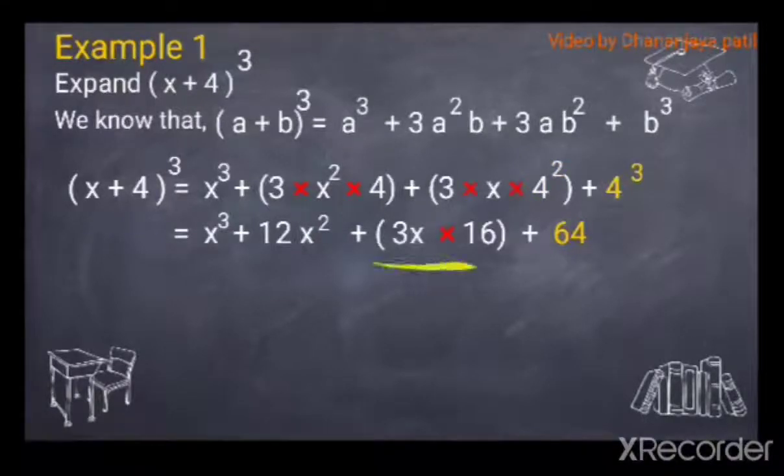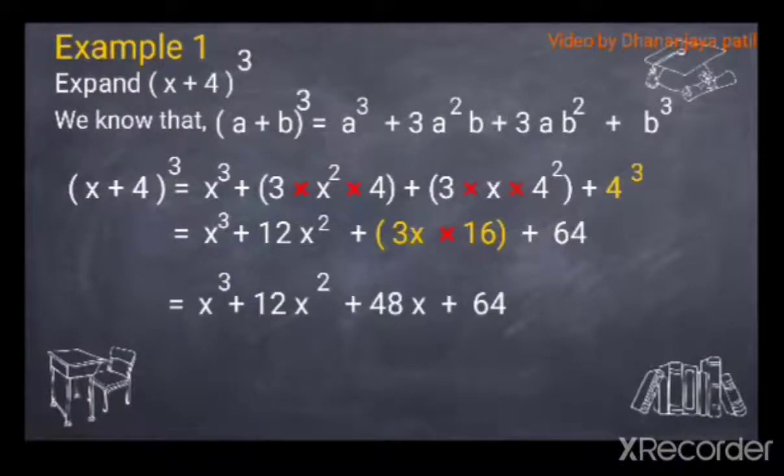Now let's do this multiplication: 16 threes are 48. Therefore our answer is this one. Again, the index values of the variables are not the same, therefore we cannot add further. Therefore our final answer is this one.